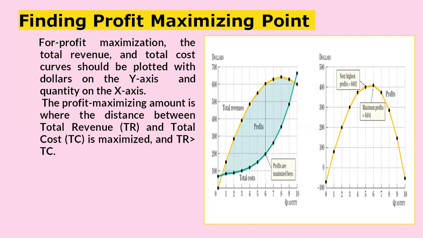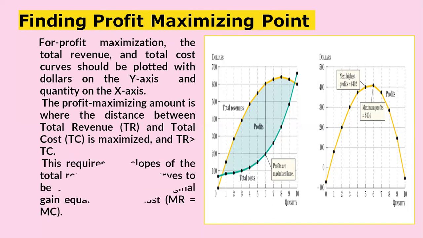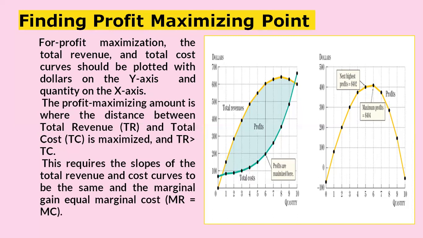The profit maximizing amount is where the distance between total revenue and total cost is maximized and total revenue is greater than total cost. This requires the slopes of the total revenue and cost curves to be the same, and the marginal revenue equal to marginal cost.